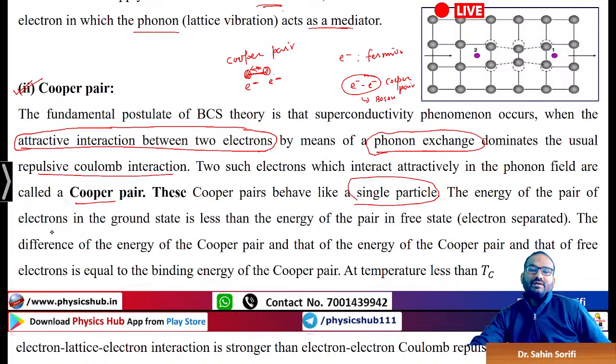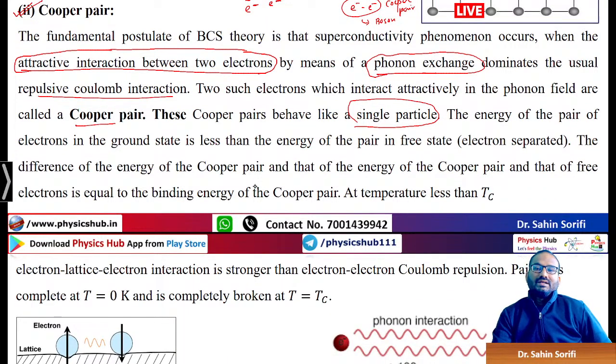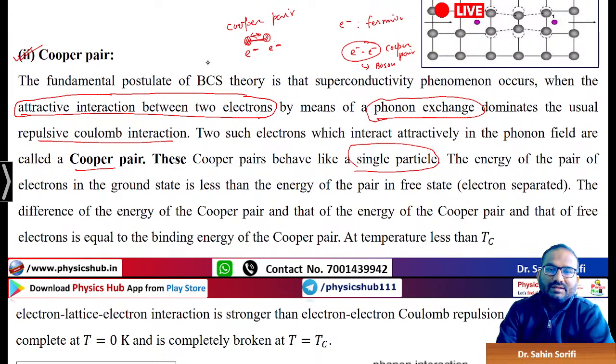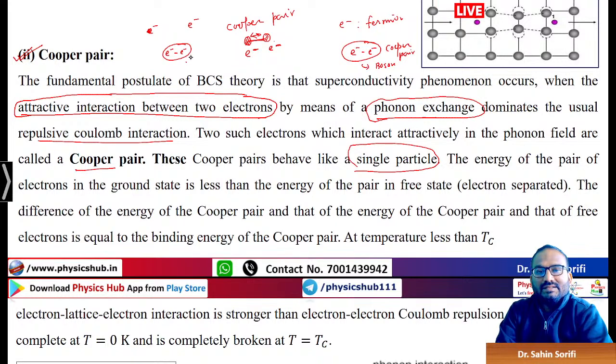The energy of the pair of electrons in the ground state is less than the energy of the pair in the free state. That is why they can form the pair. If you consider one electron's energy and another electron's energy and take the total, when they are bound this energy is less. That is why this formation is possible.